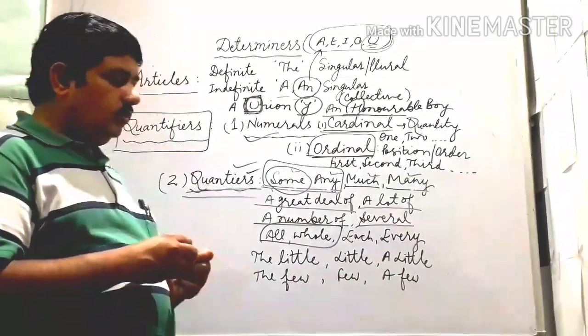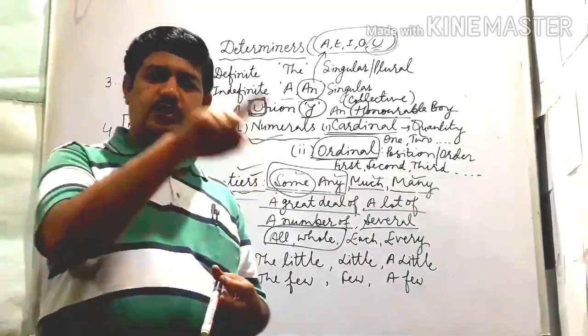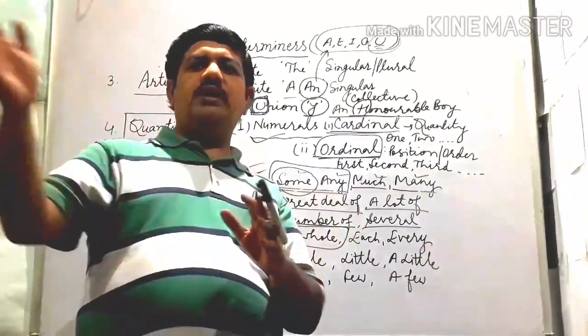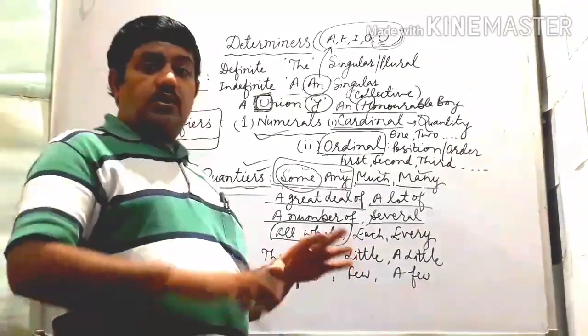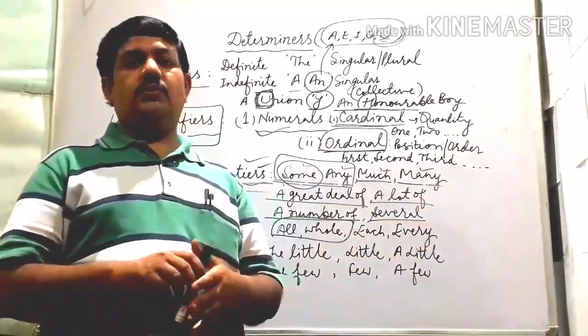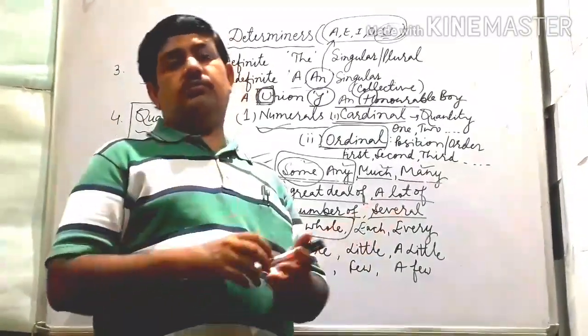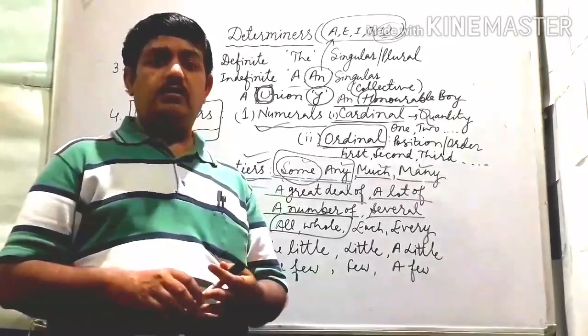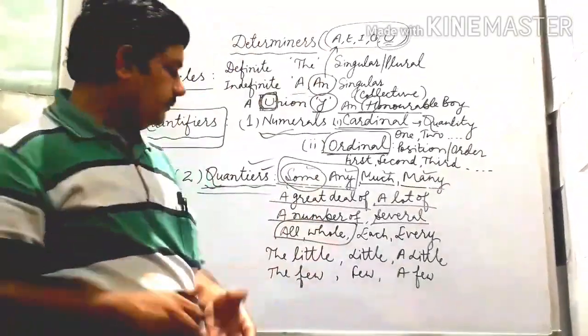Listen, all that glitters is not gold. It refers to one thing. All the boys were present there. Countable number. The whole company got profit. The whole school was awarded. It refers to one only, which means it is the culmination of everything.